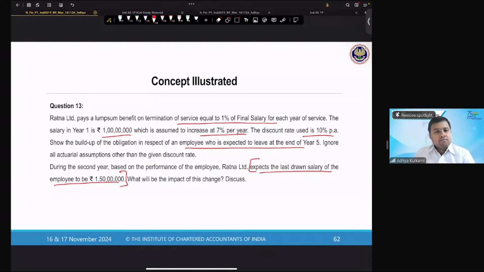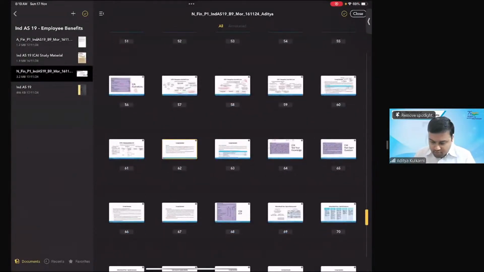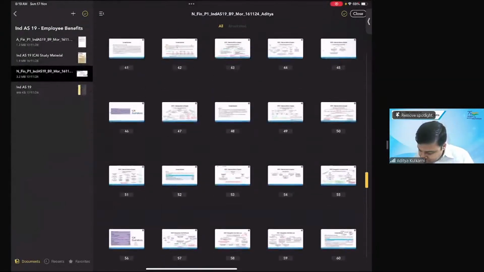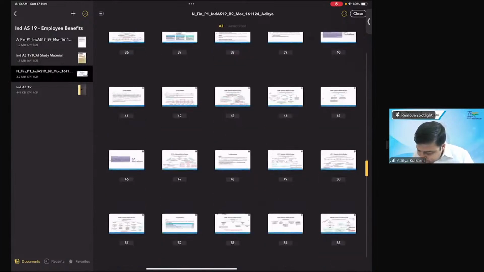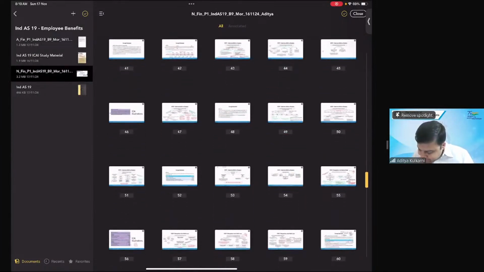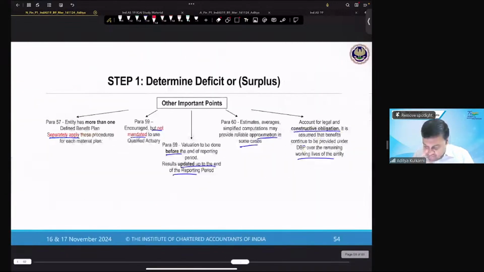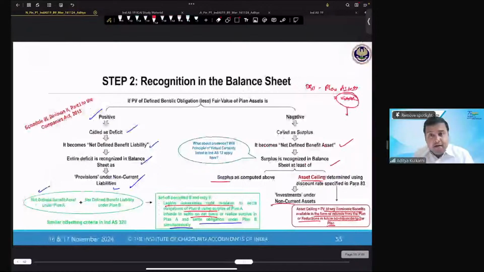Sir, change in estimate. Anybody else? Sir, go ahead.